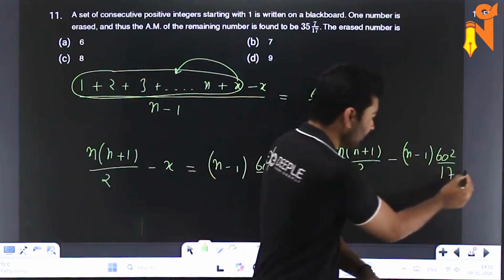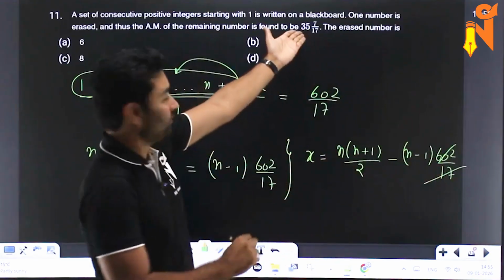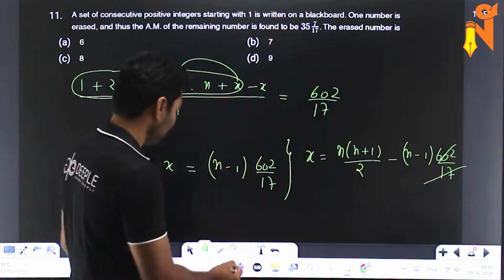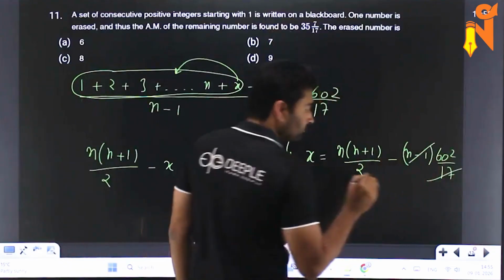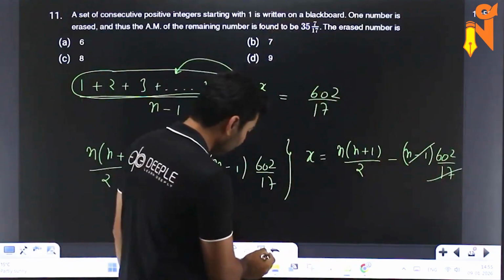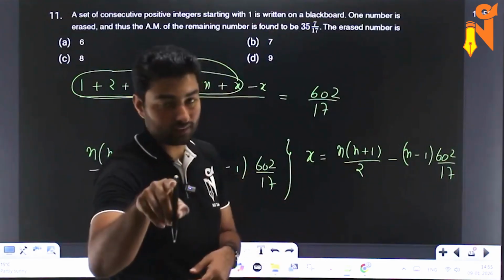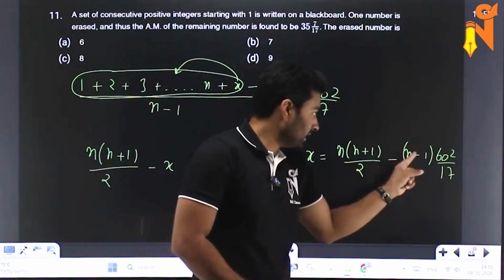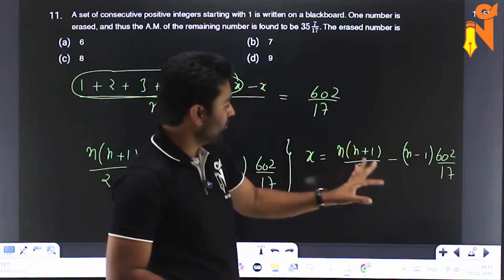You can't cancel this first, because it's a fraction. This should get cancelled with this, so n should be equal to 18. Then 18 minus 1 is 17, which cancels.